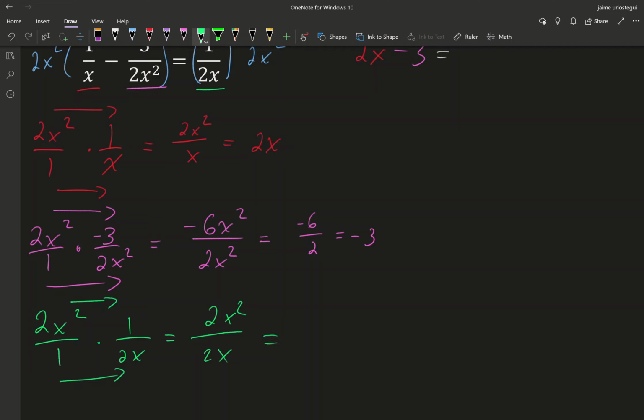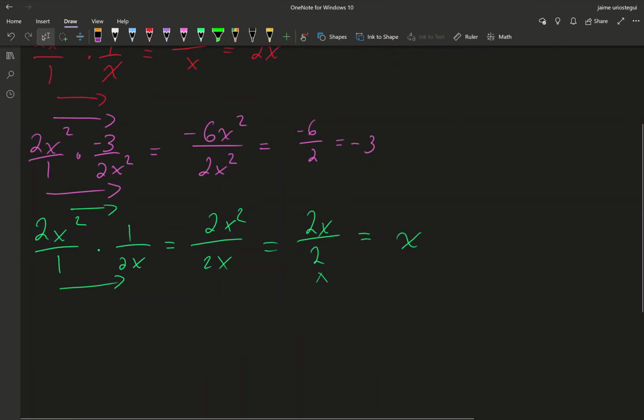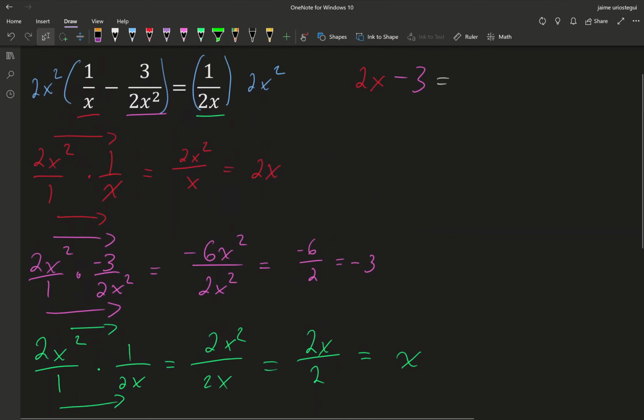Remembering our laws of exponents, we get 2x over 2, which can also reduce to just x, because I can break this expression up into 2 over 2 times x over 1, and then this is just a 1, so 1 times x. So this is our final term, x.